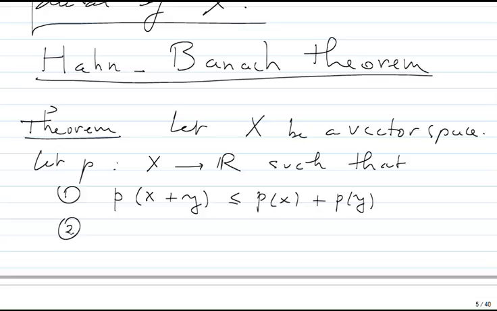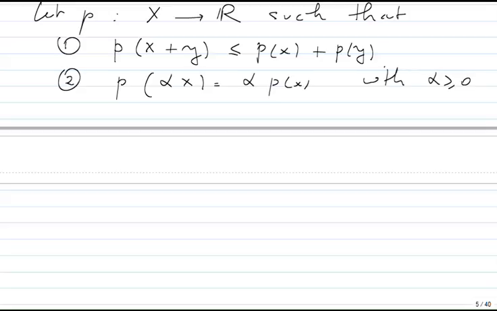Two, P of alpha X is equal to alpha P of X with alpha positive. For any X, Y, and alpha, we have these two properties. So be careful, P is not a semi-norm because we don't have P of X positive. In fact, assuming number two, we get P of 0 equals 0. Okay, but we're not assuming that P of X is positive.